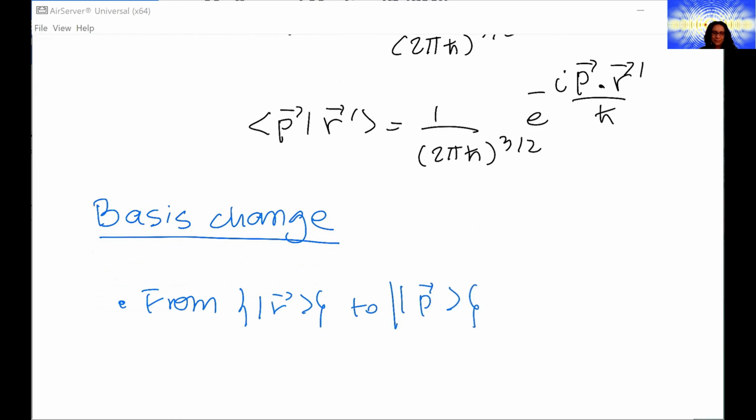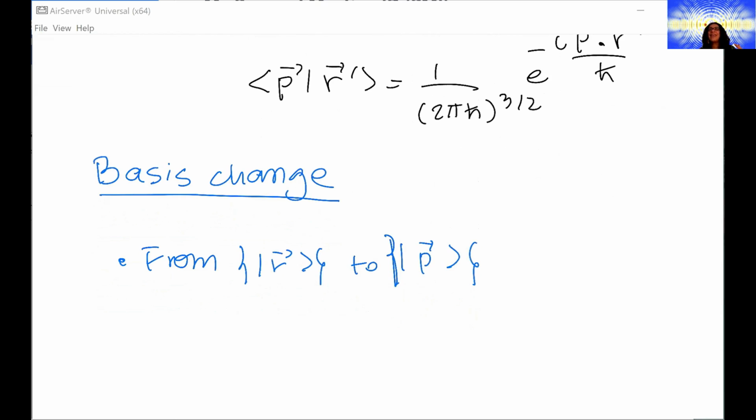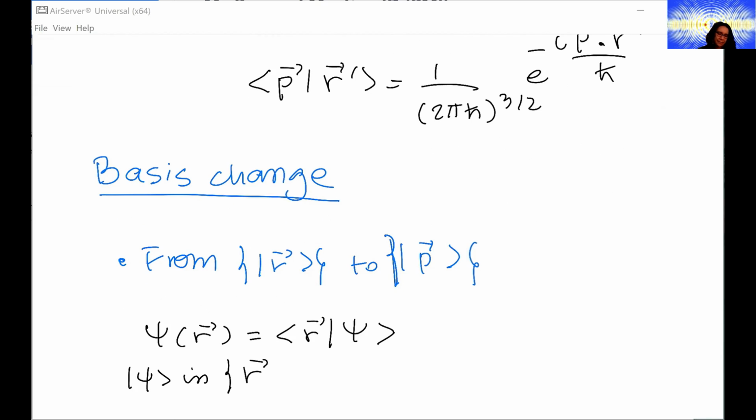What do I do? Let me get the ket in the r representation. This is going to be my start point, right? We have seen that ψ(r), which is the wave function, is equal to the inner product ⟨r|ψ⟩. So if you are getting confused, this is ψ in the r representation.